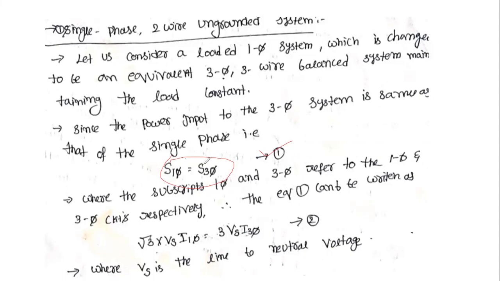Consider this as equation number 2, where VS is the line to neutral voltage.